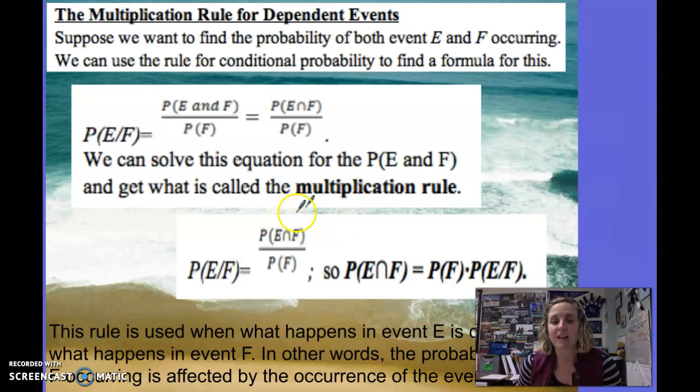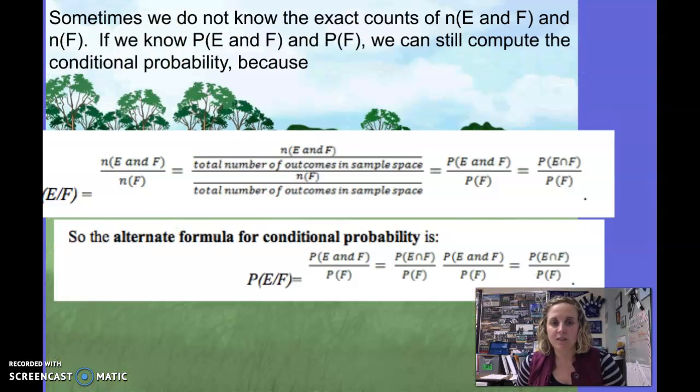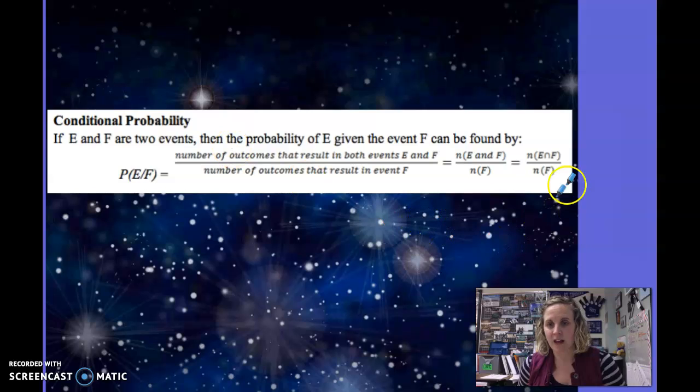Multiplication rule, again, as long as they interact, if they overlap, that is the in-between part, that is the intersection that we talked about. To find the intersection, this right here is the formula. It's the probability of F times E conditional on F. So this is just solving the previous formula we had for the intersection.